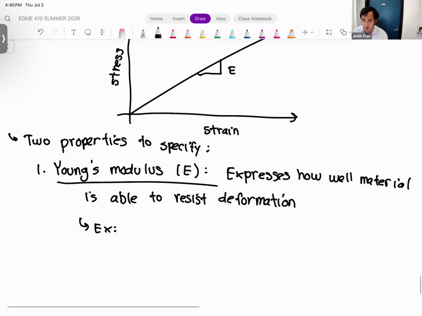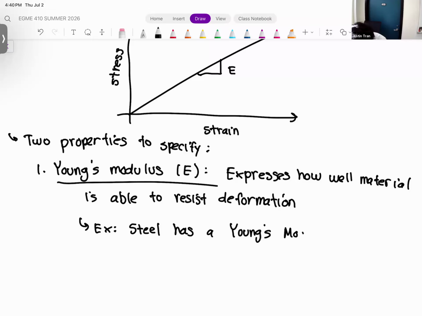When people typically think of a strong metal or a strong material, steel is usually one that comes to mind. The Young's modulus for steel is about 200 gigapascal. That's pretty high.